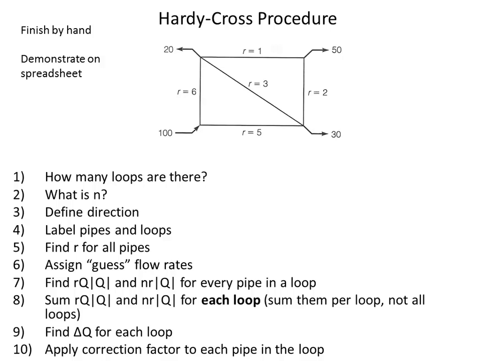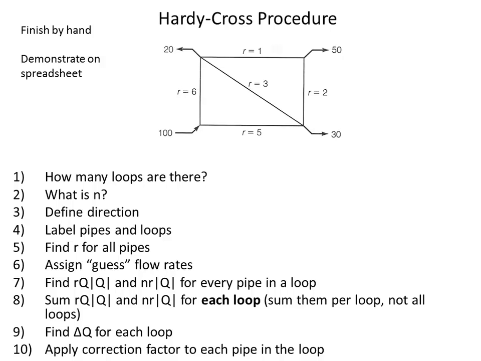Remember, what happens in Hardy-Cross is that we're simultaneously balancing the flow rate and the energy. In both the nodal method and in the loop method, the main principle that we know has to be true is that you have to have the same amount of energy lost regardless of what route you take between two points.